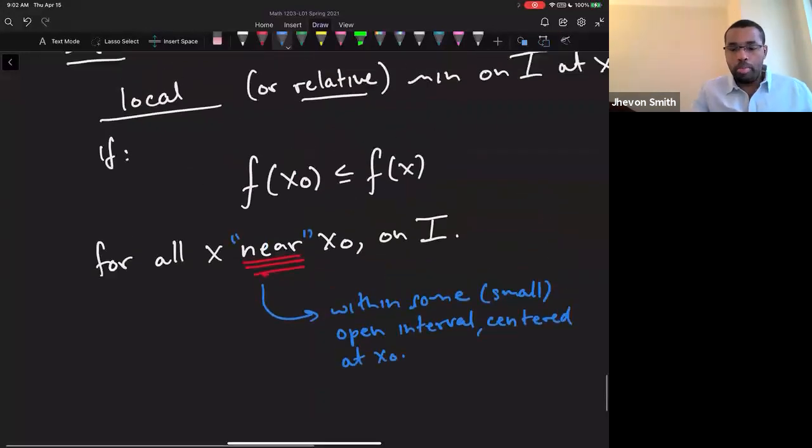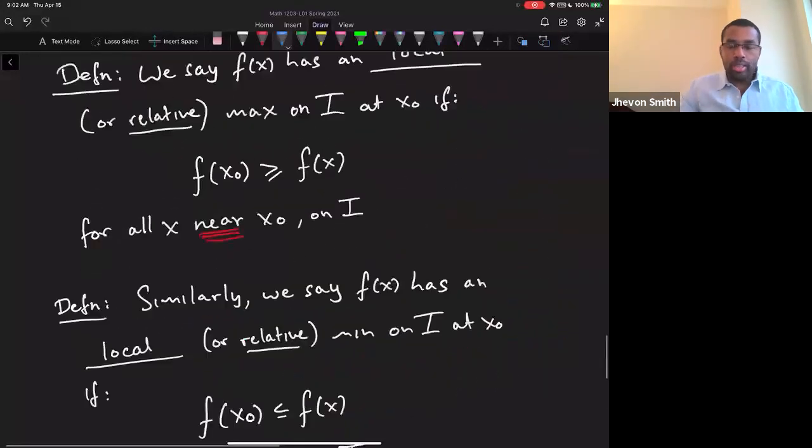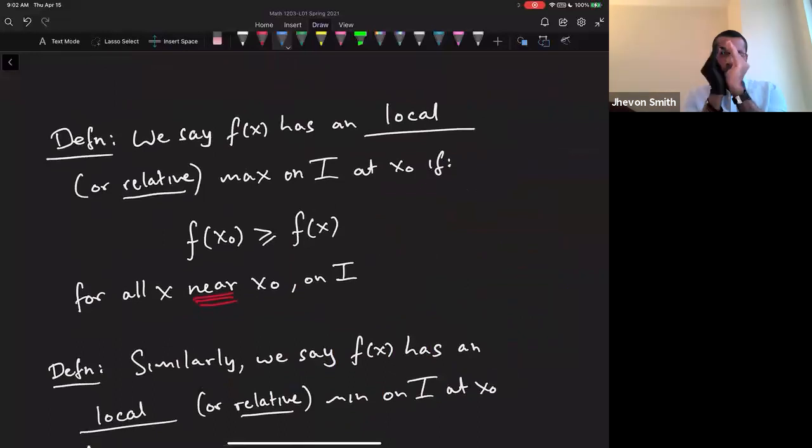Okay, so pretty much you go to x naught, that x value, and you open up a very small window. And then you look at all outputs within that little tiny window. And if the output at x naught is bigger than everyone there, we say it's a local maximum. It might not be the biggest on a global scale, but it's the biggest guy in his little neighborhood, in his neck of the woods.